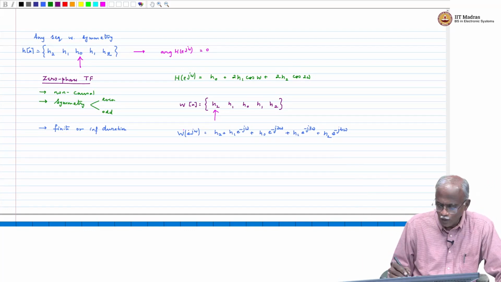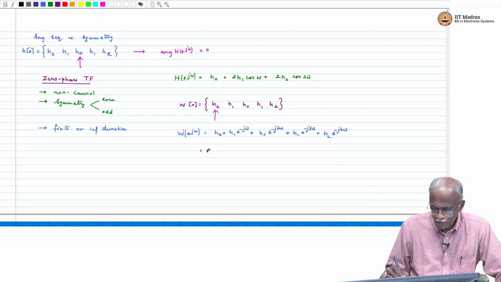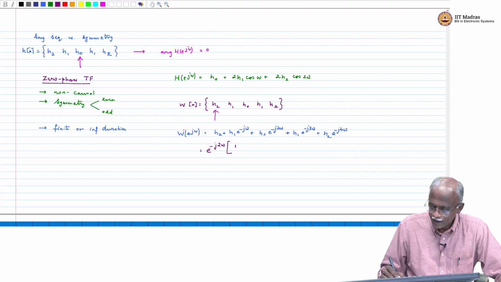Not quite, because if you pull out e power minus j2 omega, then you can see what happens. You will get H0 plus 2 times H1 cosine omega plus 2 times H2 cosine 2 omega.